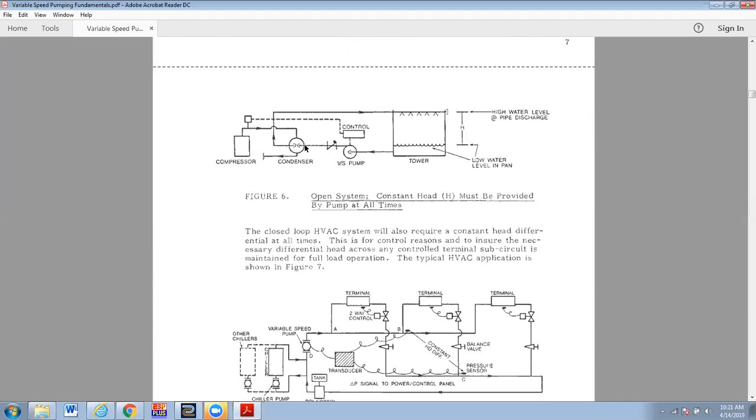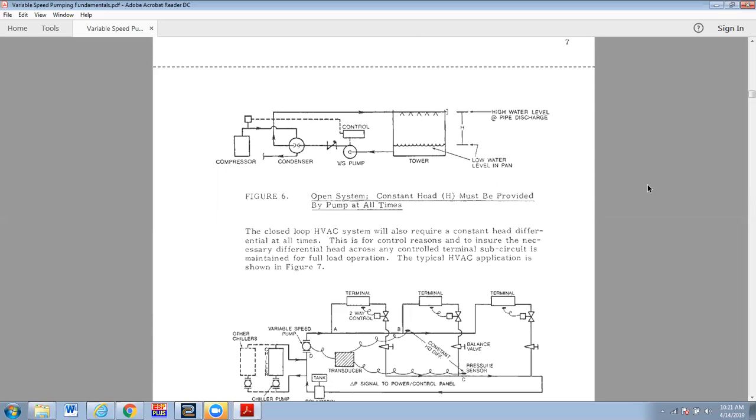This is our condenser. We're going through this, and we pick up heat in the condenser. We go up to the top of the tower. We spray it out at the high level, and then the water falls through the tower. It's not in the system any longer, so it's an open system. And this H head is the feet of static head in the system, okay?